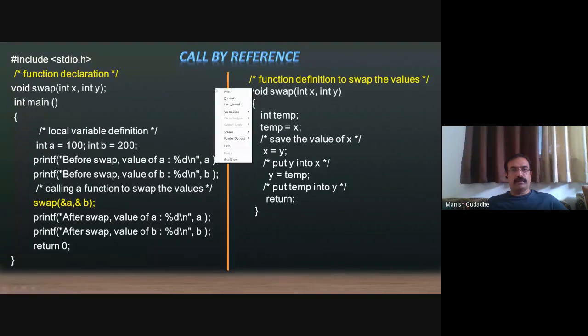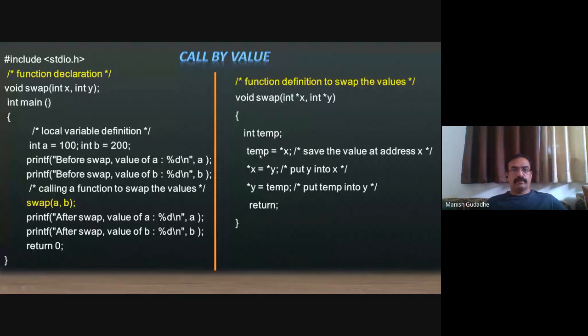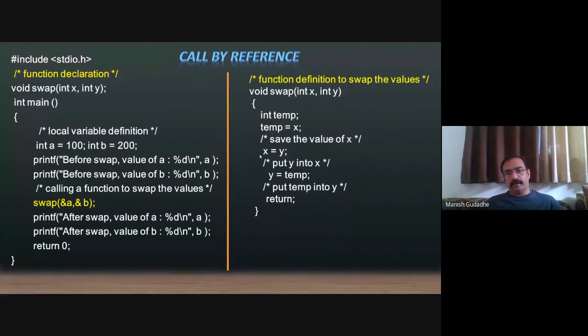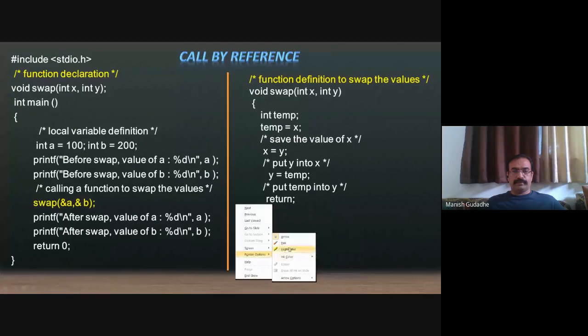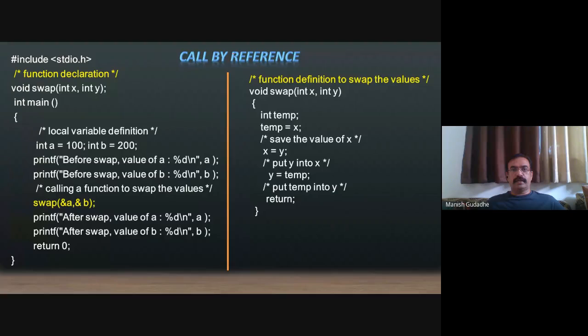Now, what's happening over here? This is a call by value. It's my mistake. This is a call by value example. By mistake I have given the heading as call by reference.